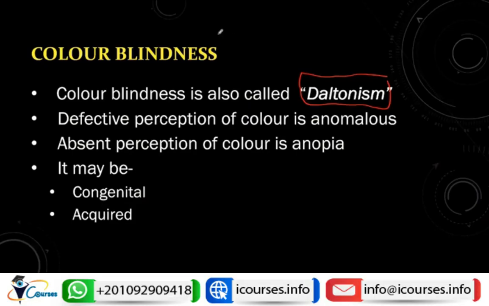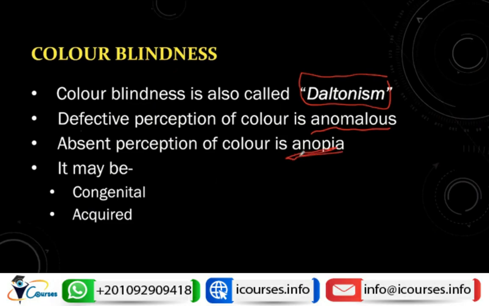So we have two grades or two types of color blindness. Either the color perception is defective, so we cannot see the colors clearly and brightly like a normal individual, and this is called anomalous color perception. Or the color perception is completely absent, so we cannot see color altogether, and this is called anopia.